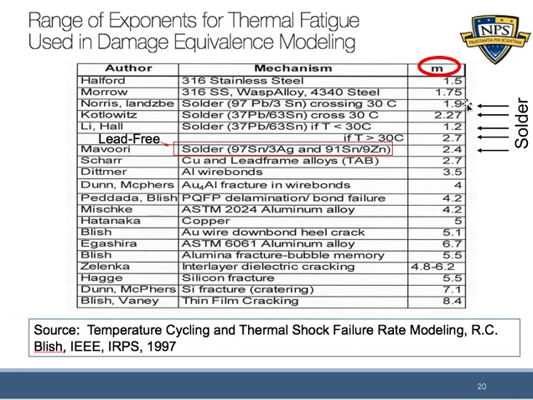So I'm showing the range of values for solder, which seems to be about 1.2 on the low side and about 2.7 on the high side. That includes tin-based solder, tin-lead-based solder, and lead-free solder. So that's the whole standard range of solders. And you can see there's also a source on the bottom if you want to look at more of these.